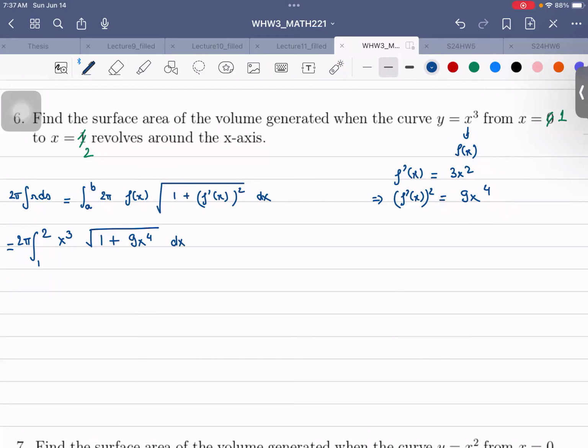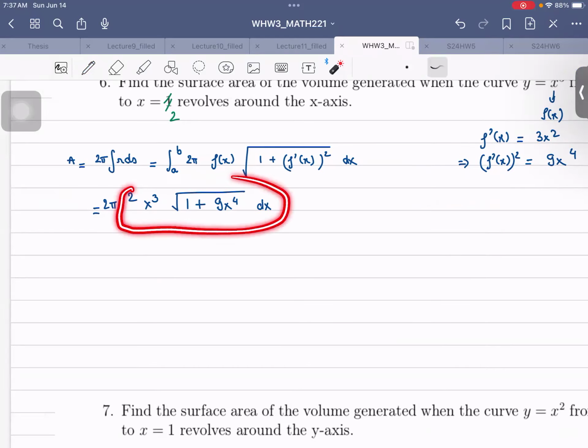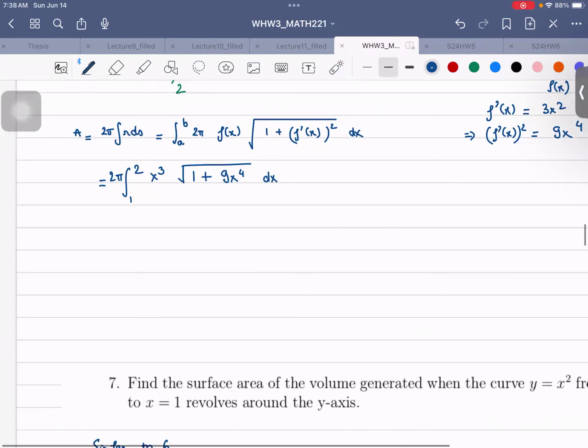I believe you should be familiar with this one because you see that you have a function composition. You have some function inside a function, and you have some extra factors over here. And the point is, when you take the derivative of the inner function, you will have something proportional to x cubed because this is x to the power of 4.